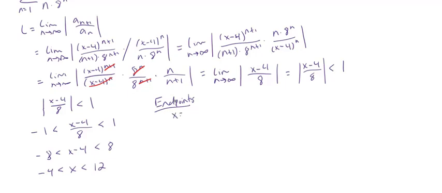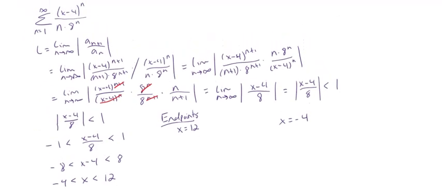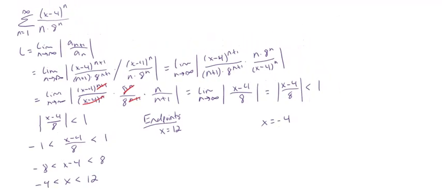I'm going to do x equals 12 first. So again, I'll zoom out. I need that original series that we were working with. I need to plug in 12 right here. If I do that, I get 12 minus 4.